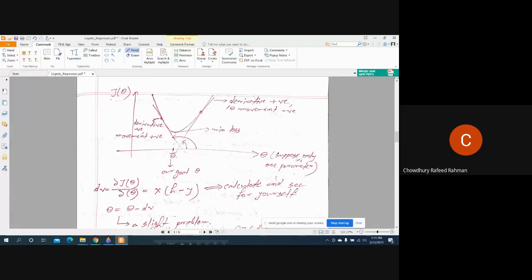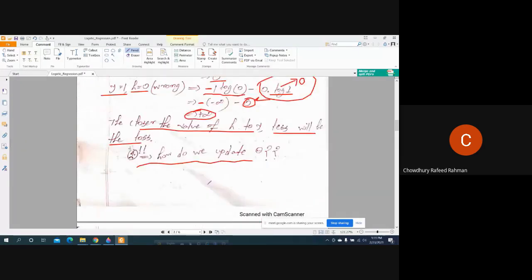How many thetas are there in this graph? Can anyone answer this question? One. Yes, there is only one theta in this graph. Exactly, that's the correct answer, because we have mapped theta in only one dimension, that is the dimension x.